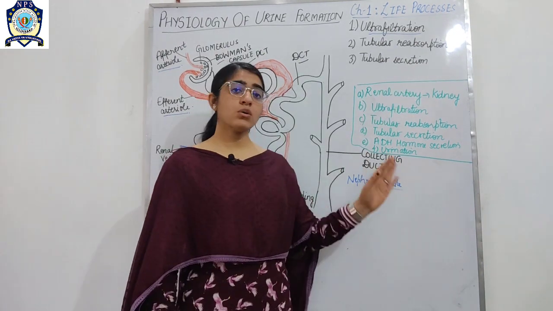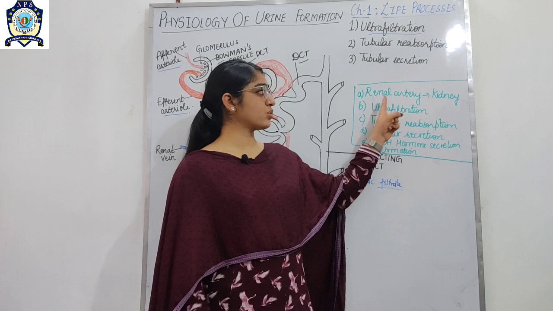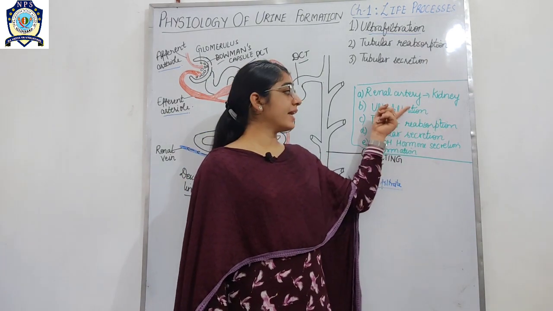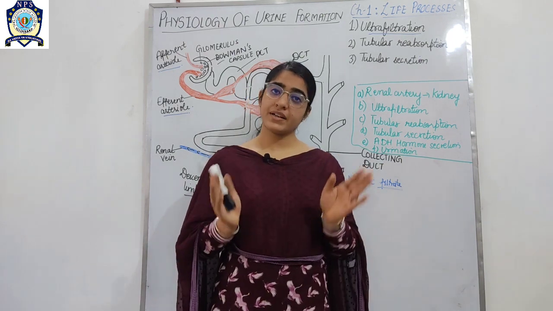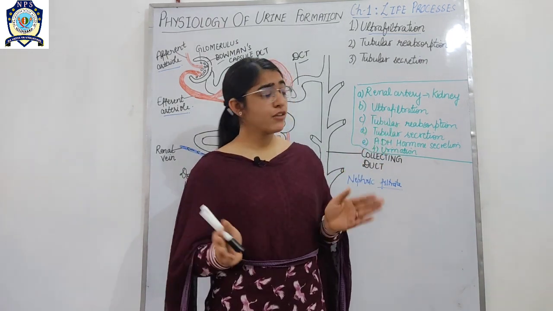Now here is a brief summary for you. First of all, through the renal artery blood enters into the kidney. Then in the first step, ultrafiltration occurs, where nephric filtrate is formed.